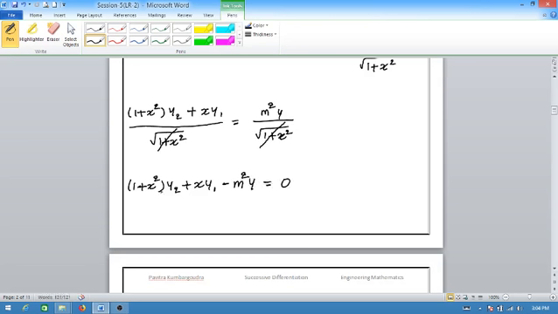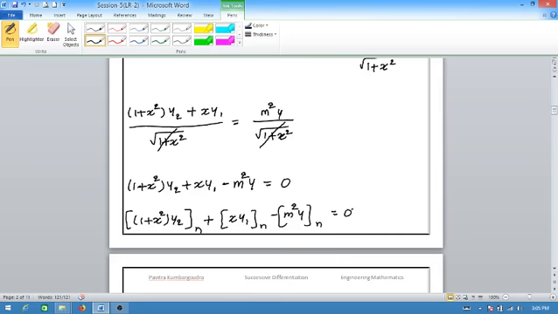So now apply the nth derivative. I will write one more step here. So the nth derivative of 1 plus x square into y2, plus x into y1 nth derivative, minus m square into y nth derivative, is equal to 0.